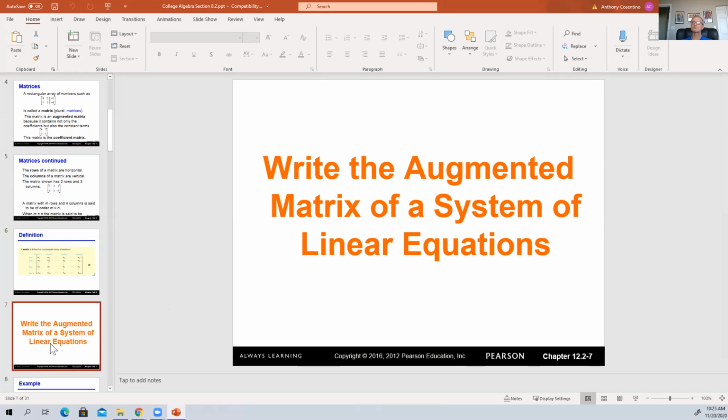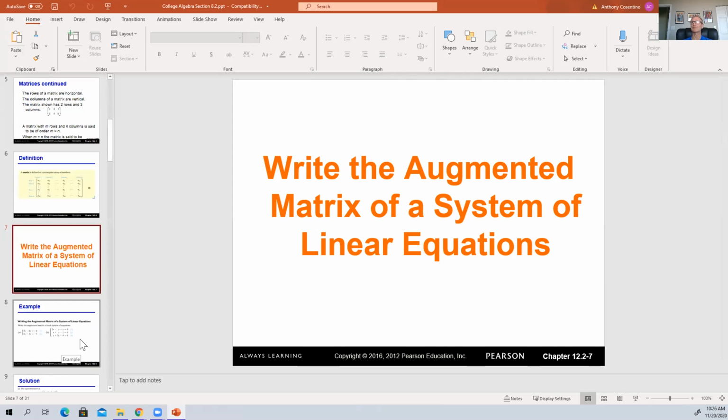And so when we're taking these equations, what we're going to do is show you how to take the equation and put it into the augmented matrix format. And so if you're programming the computer, this is basically how you enter the data into the computer to solve these types of equations.